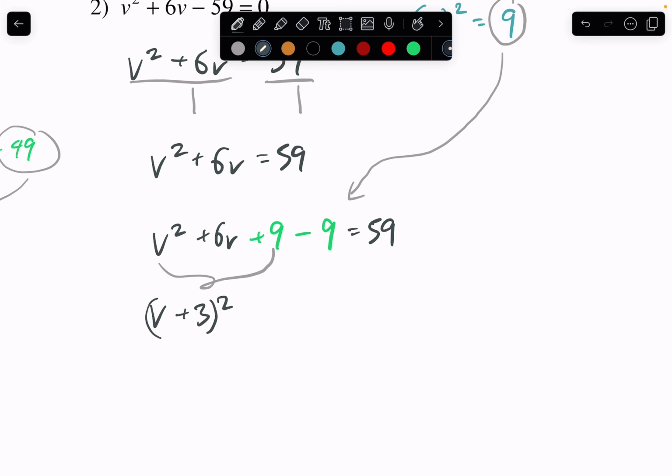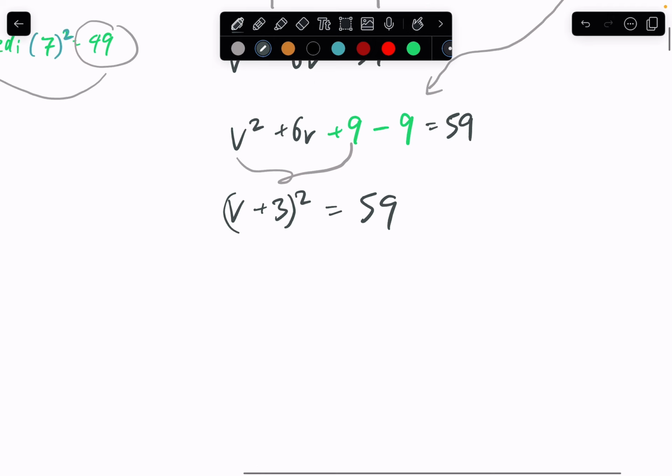Okay, so we factor these three terms like this, and then place 59 at the other side. We place a square root on both sides, and then don't forget a plus minus at the right side.